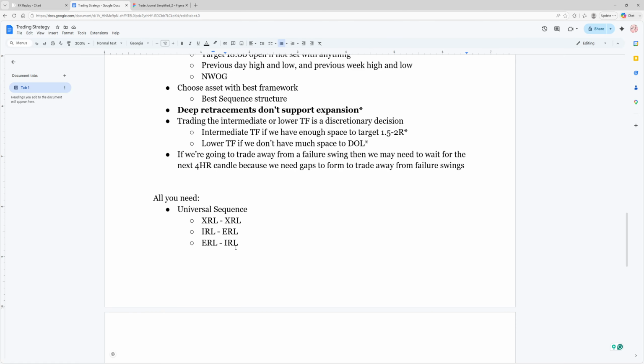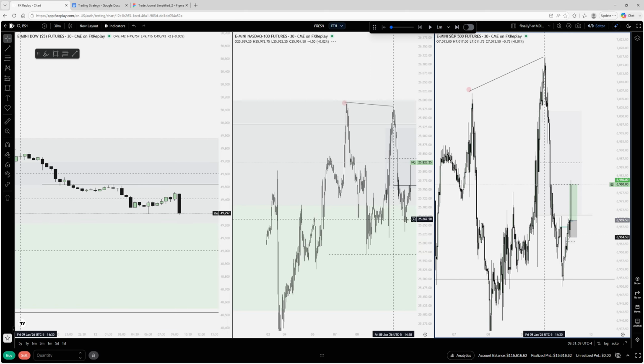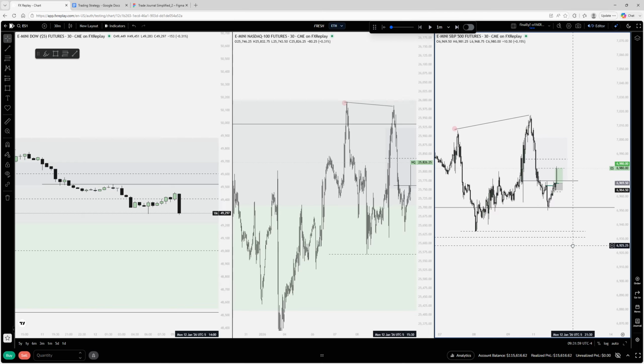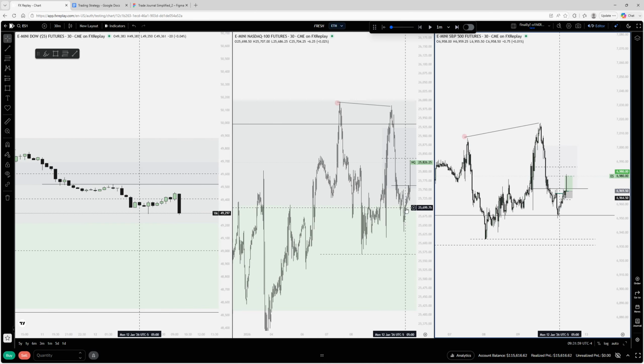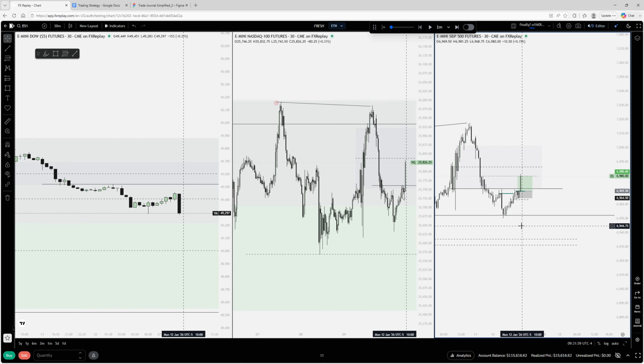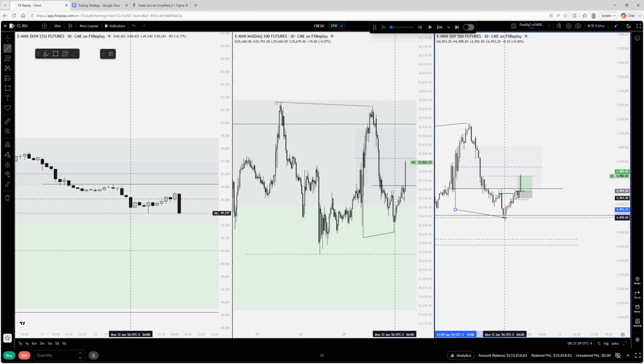And yeah, you can see how I use the universal sequence, or maybe you didn't. Oh wait a minute, I do. Okay, I have the EQ here. So, to be honest, there is a universal sequence here. This is external into internal, and I don't know why I didn't see this, but there's actually SMT here, which is funny.